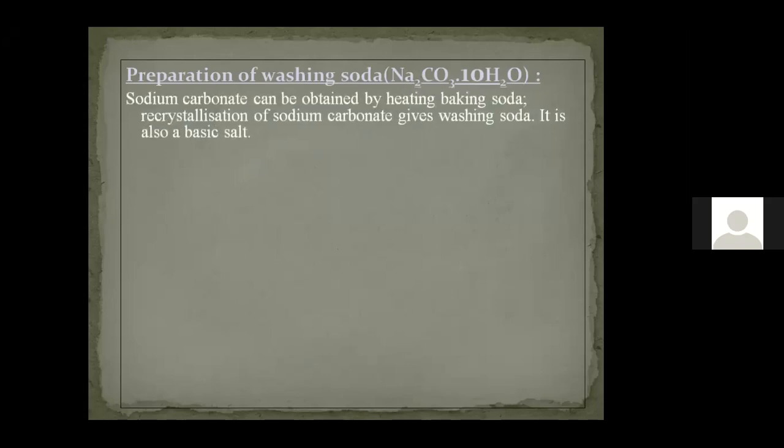This sodium carbonate is obtained from baking soda. Just now we have seen that when baking soda is heated, we get sodium carbonate. Then we do recrystallization: when we heat the material, it is converted to a liquid or gaseous state, and from that state we convert it back into a solid state.